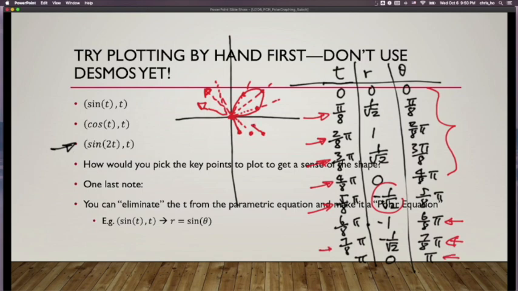And then finally, when you go to pi, it goes back to 0. So it looks like I have something similar also in the fourth quadrant. And if you plot out all the other values, what you find is that you have 2 more of these shapes like either a flower or a propeller of some sort, with 4 petals.